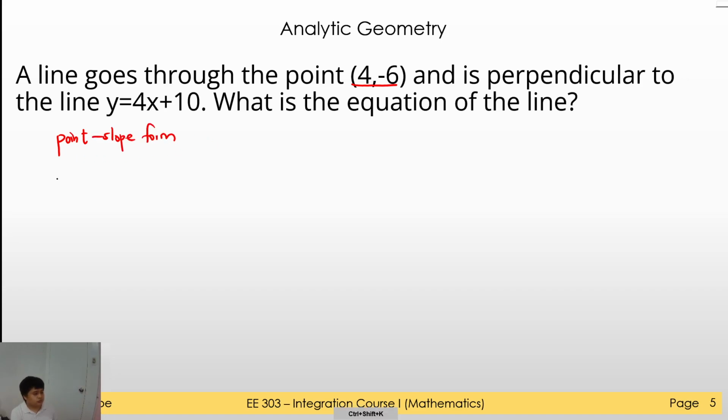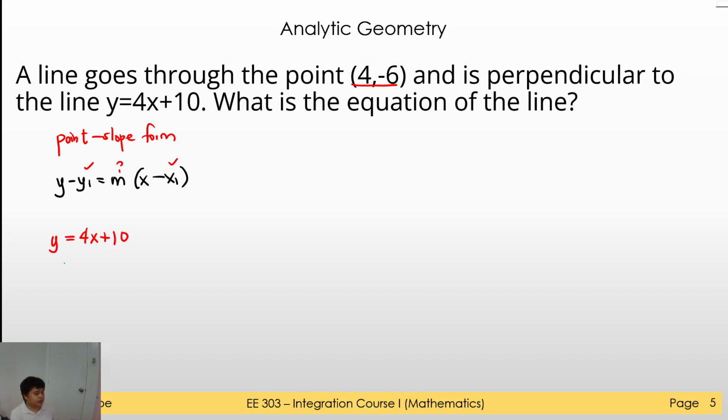The point-slope form is y - y1 = m(x - x1). So we have this given, although the m here is not yet given. To find the slope, since this is perpendicular to the given line, what should we know? We have the line y = 4x + 10.